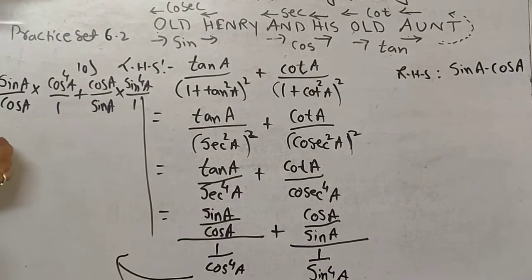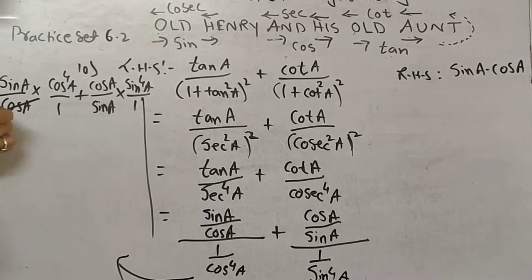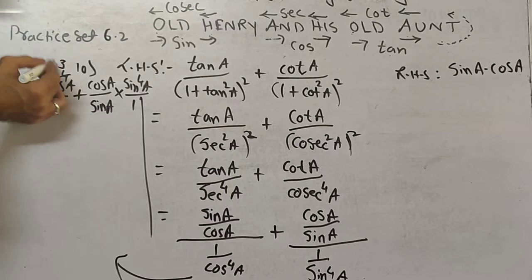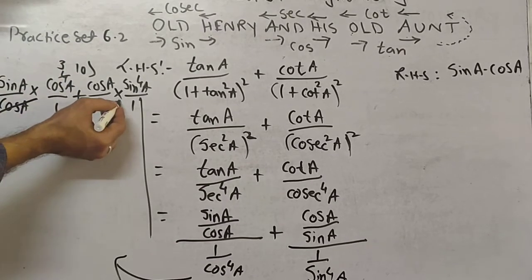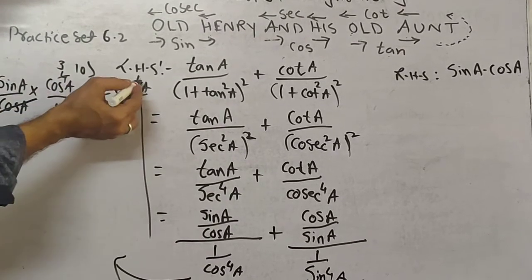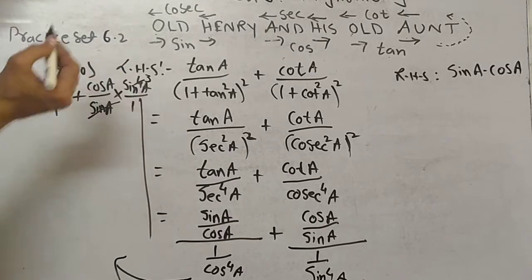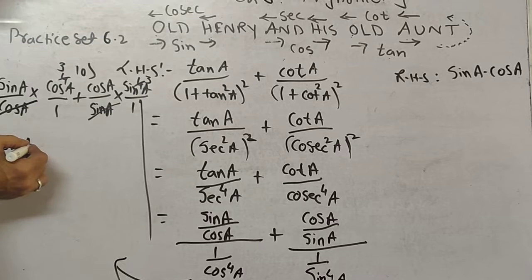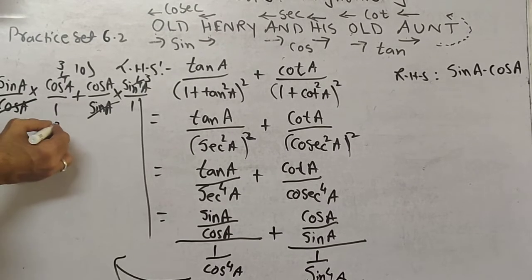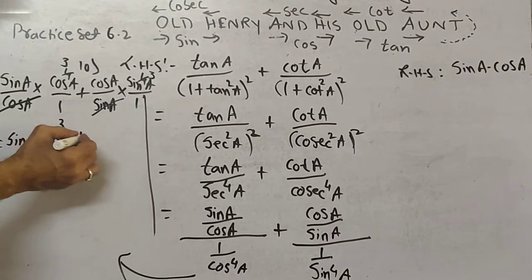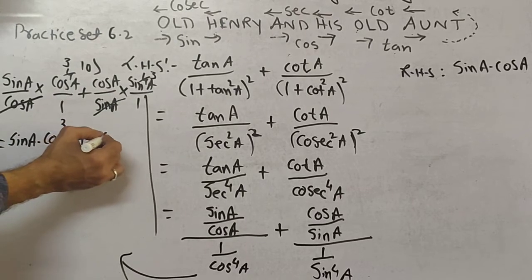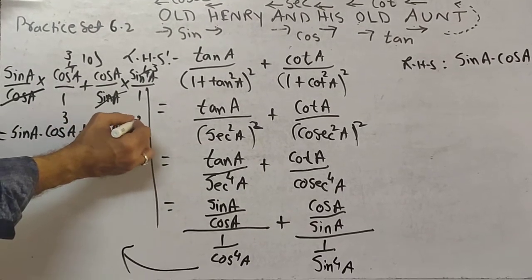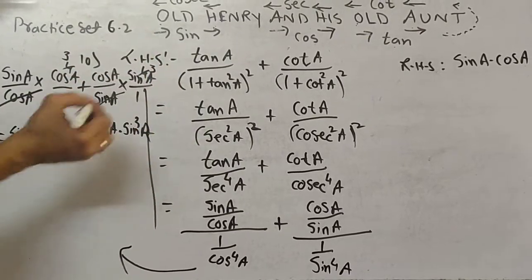Here cos a will get cancelled, and here it is 4, so it will become 3. Same way sin a will get cancelled, here it is 4, so it will become 3. So you got sin a into cos cube a plus cos a into sin cube a. Correct?